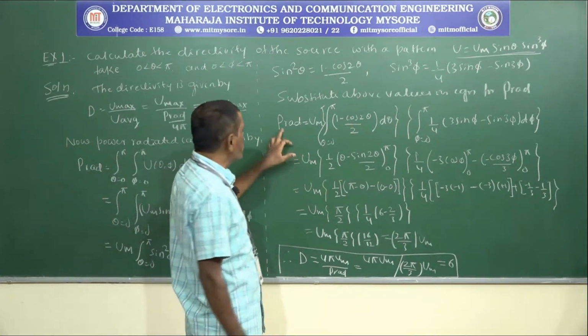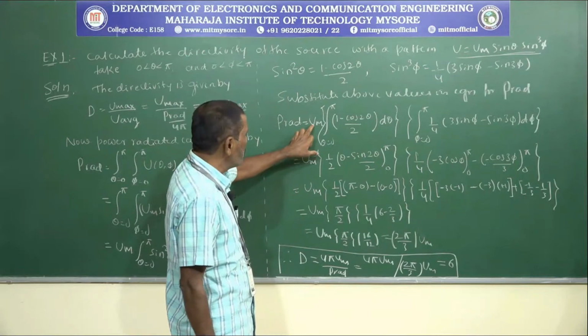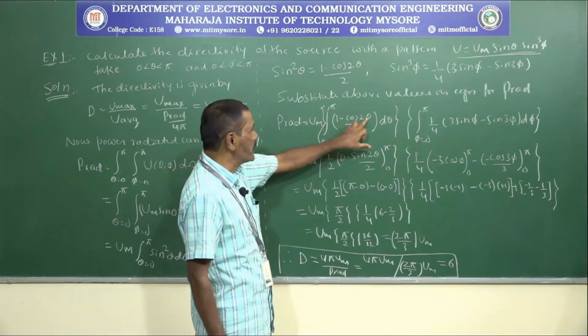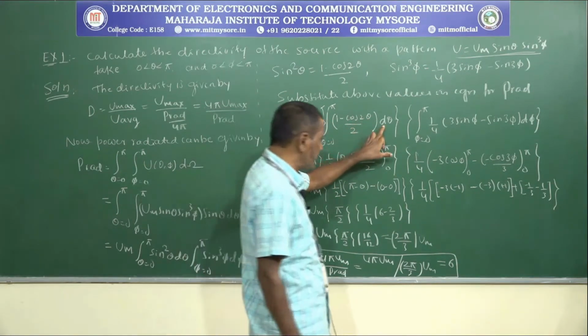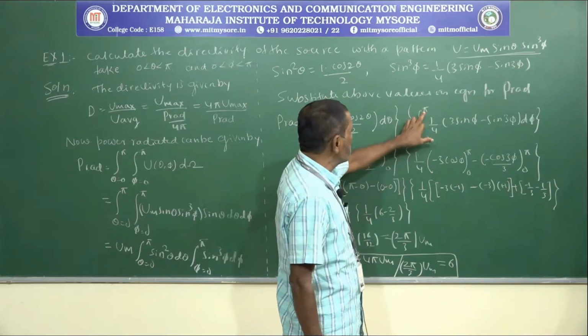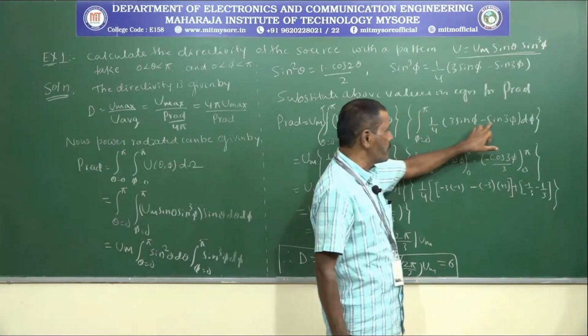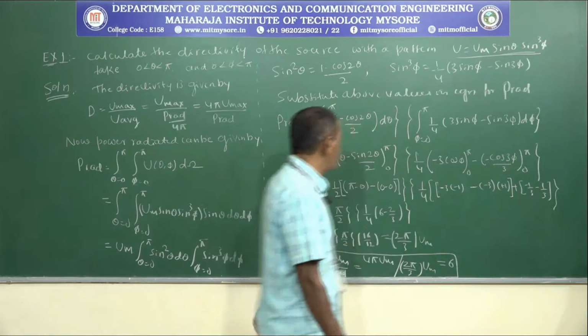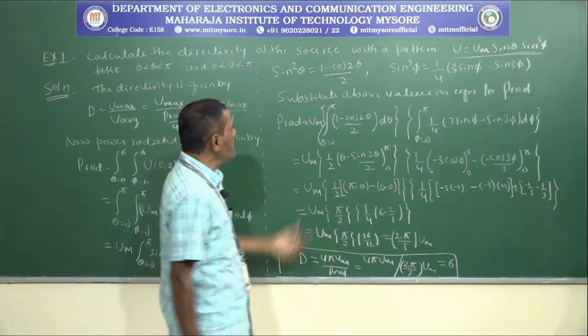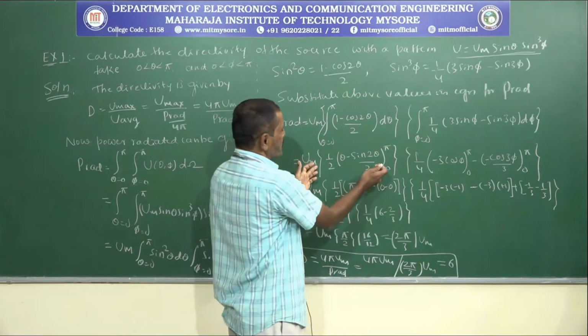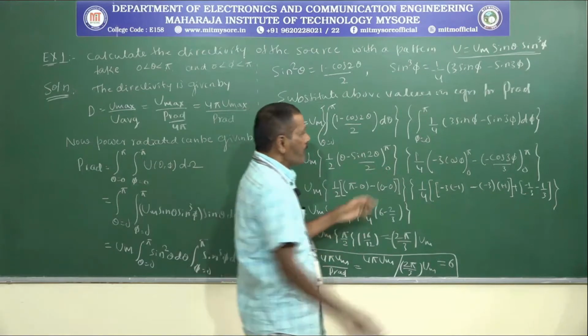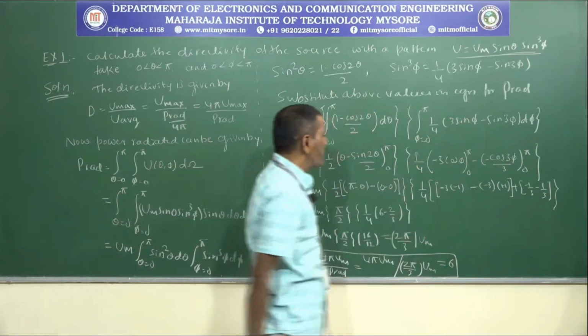If you substitute, then radiated power is equal to Um, theta from 0 to pi (1 minus cos 2 theta) divided by 2 d theta, and phi from 0 to pi 1 by 4 (3 sin phi minus sin 3 phi) d phi. Then integrate this term and then integrate that term.